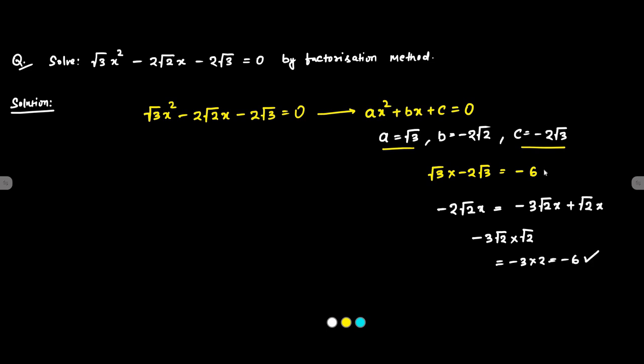So here also −6, here also −6. So we have identified the two split terms. Now we will perform the split.